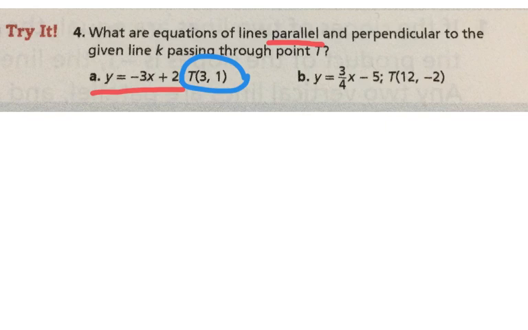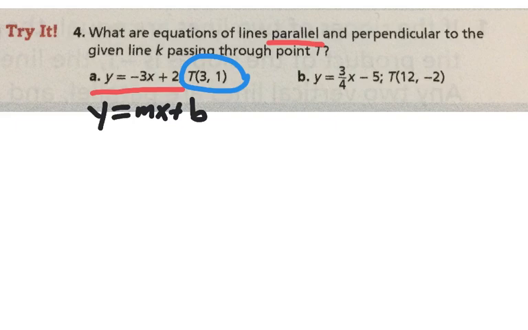So what did we learn yesterday? We learned parallel lines have the same slope. They have to have the exact same slope. So when I look at this equation, it is in slope-intercept form. Y equals mx plus b. So that means whatever number is in front of my x, that is the slope of that line.